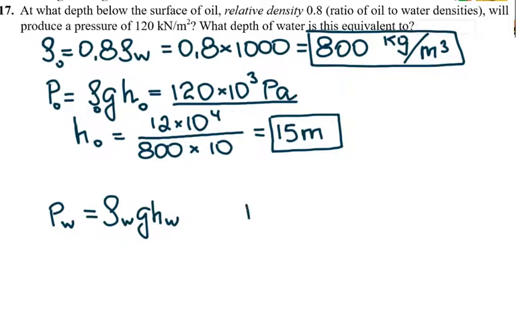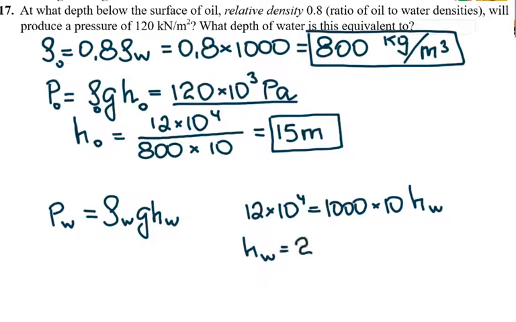The pressure would be the same, which is 1.2 times 10 to the fifth. The density of the water is 1000, times 10, and h of the water. So from here I can see that the height of the water is only 12 meters to produce the same pressure at the bottom of that amount of water.